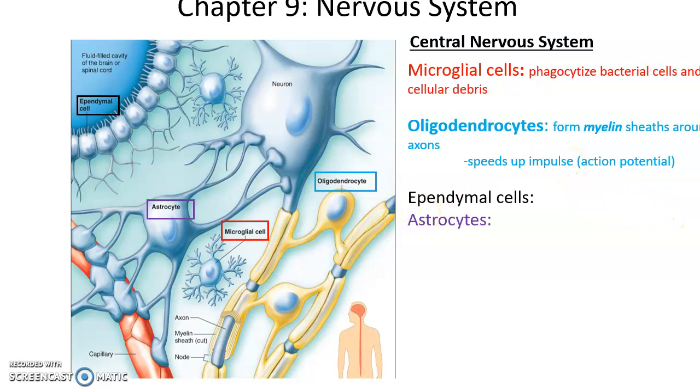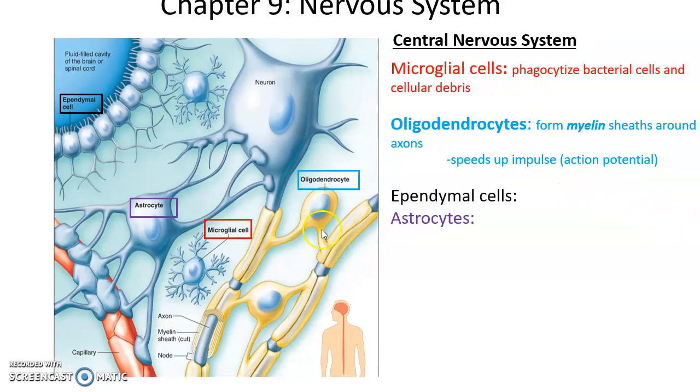The oligodendrocytes, on the other hand, look a little bit like octopi. They have these processes that extend out to regions of neuron axons. And what they do is they wrap around that part of the axon to form the myelin sheath. And the myelin sheath is extremely important because it speeds up the nerve impulse, speeds up that action potential so it gets to the ends of the axons faster.